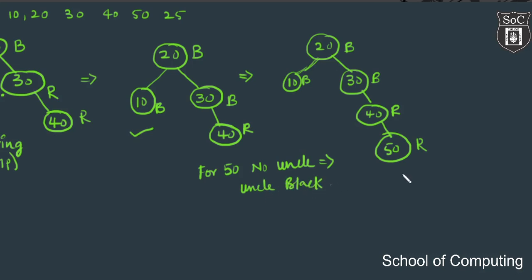So when we say uncle is black, what do we need to do? We need to do rotation. Now the moment I say rotation, I will be applying AVL rotation. So this is my problematic node. Now please observe only this portion of the tree.